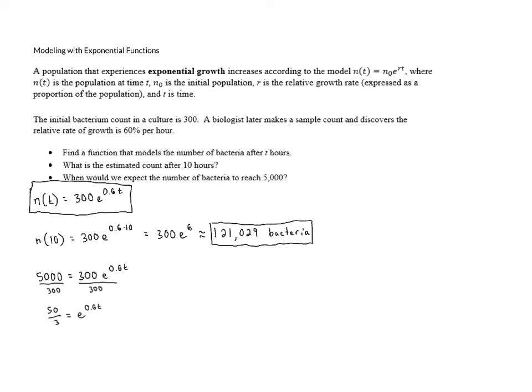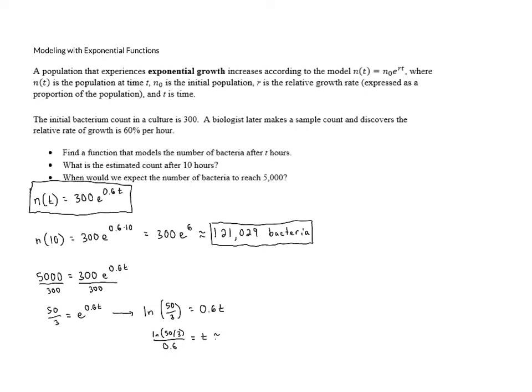And if we write this in logarithmic form instead of exponential form, this becomes the natural log, because it's base e, of 50/3 equals 0.6t. And to solve for t, we divide both sides by 0.6. So we end up with the natural log of 50/3 all over 0.6, which is our exact answer, but we can get an approximation here.